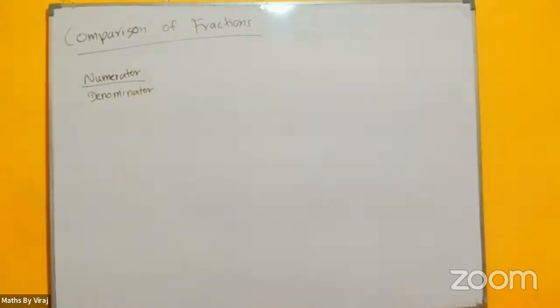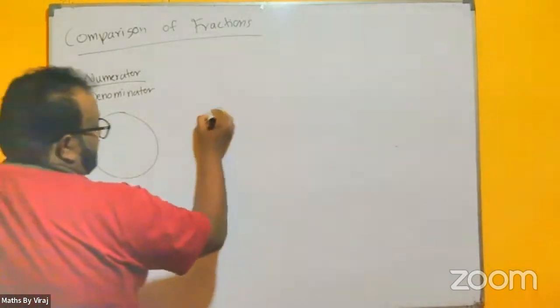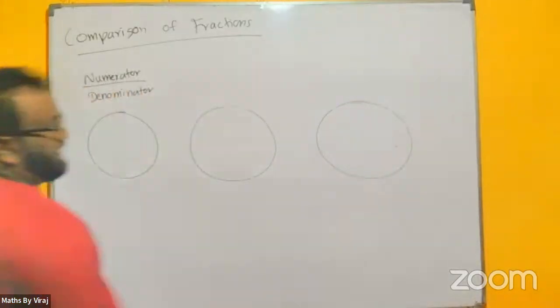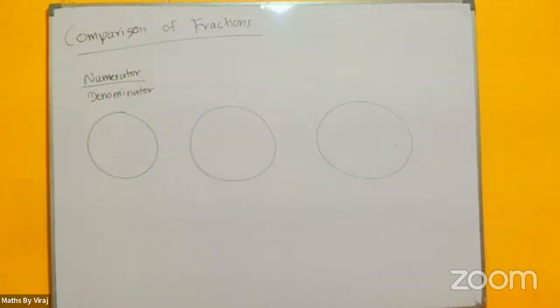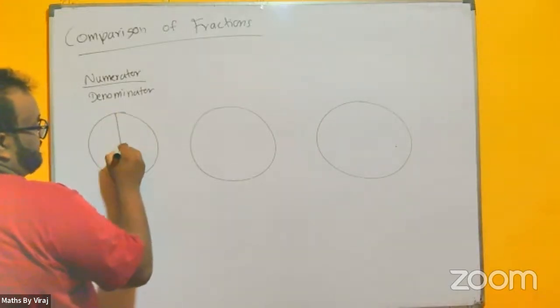Denominator. Right? So if I have, let's say, 3 circles, let's try to understand how we divide these 3 circles and come to an understanding of which is the larger fraction.